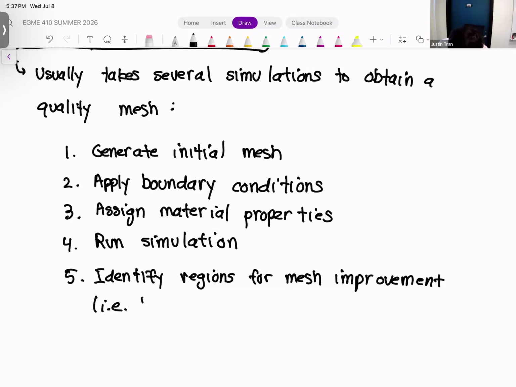Some things we can check are high solution gradients. Next thing we can often check is areas of stress concentration.